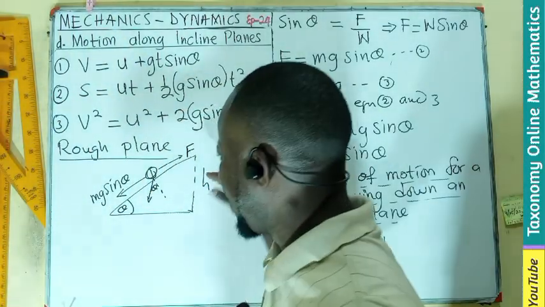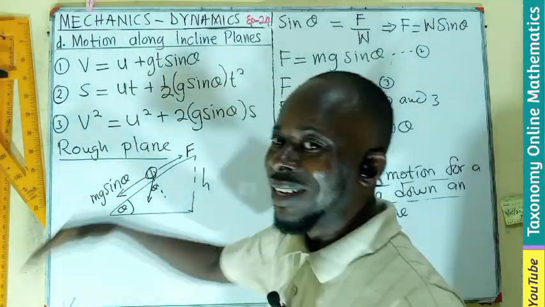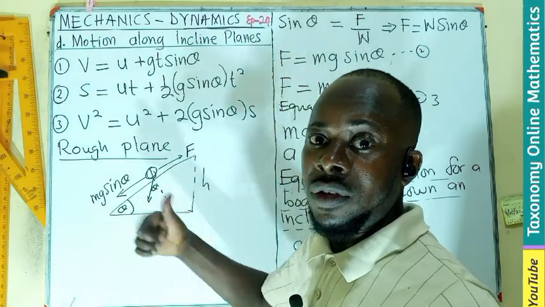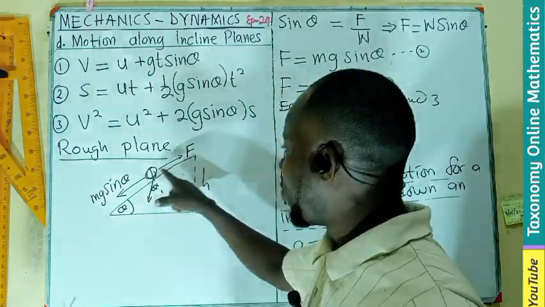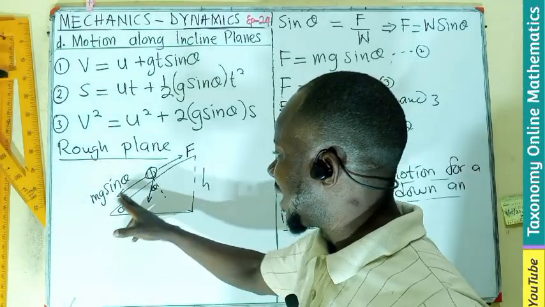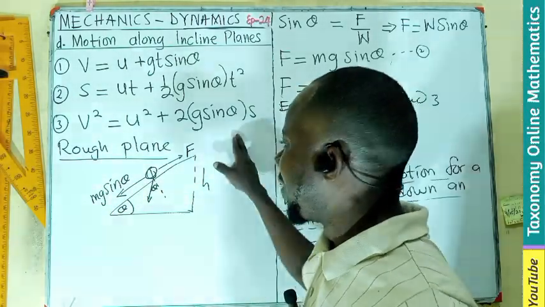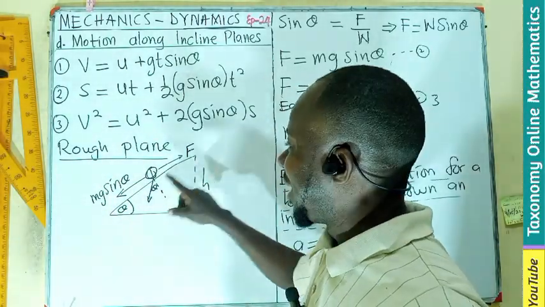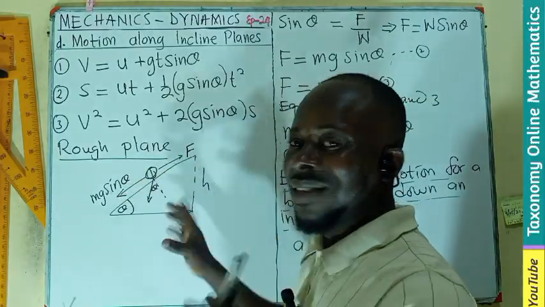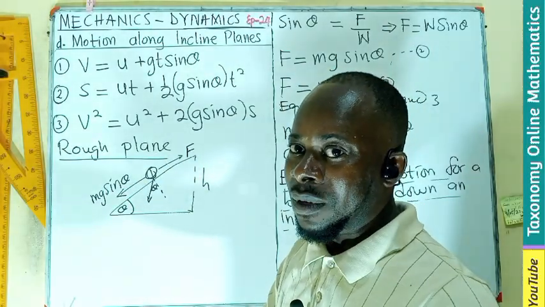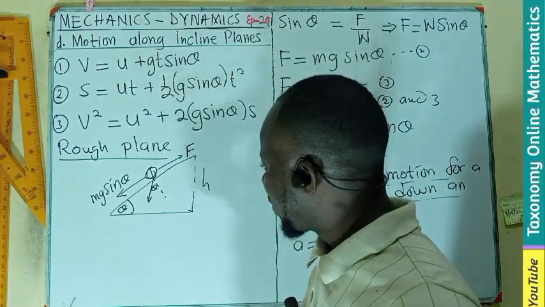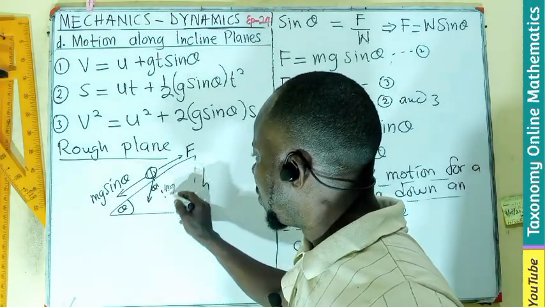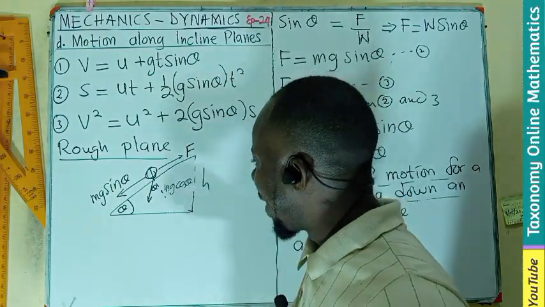As the body is accelerating down, the force of gravity will be causing it to move, and friction will be causing it not to move. So this is moving down, this is moving up. But the moment this is more than this, the body begins to slide down. Right? Okay, so what do we do? I think we also have mg cos theta here.